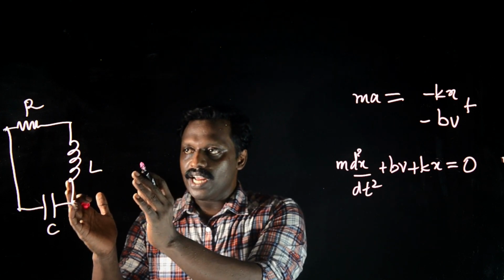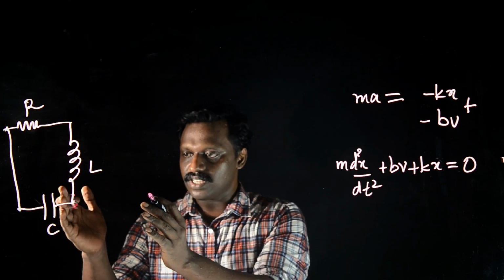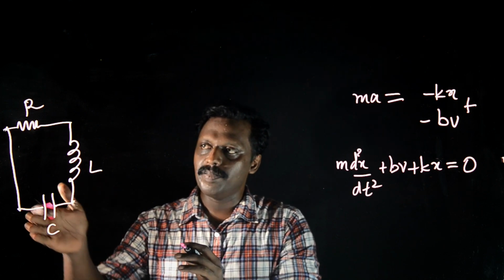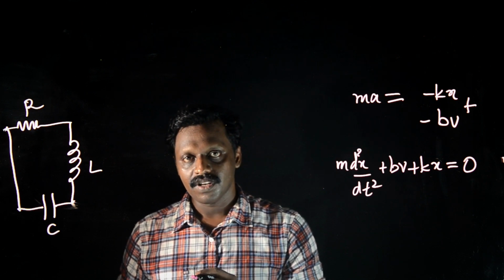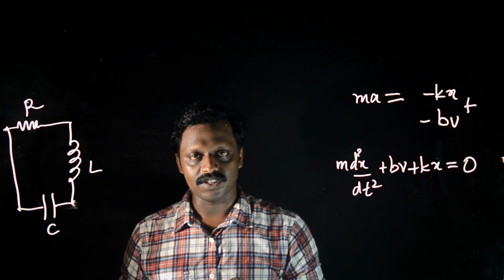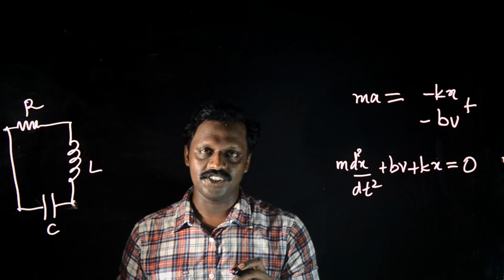Now in a series LCR circuit, a charged capacitor will be discharging through an inductor and resistor in series. LC oscillations take place, which is also a damped oscillation.